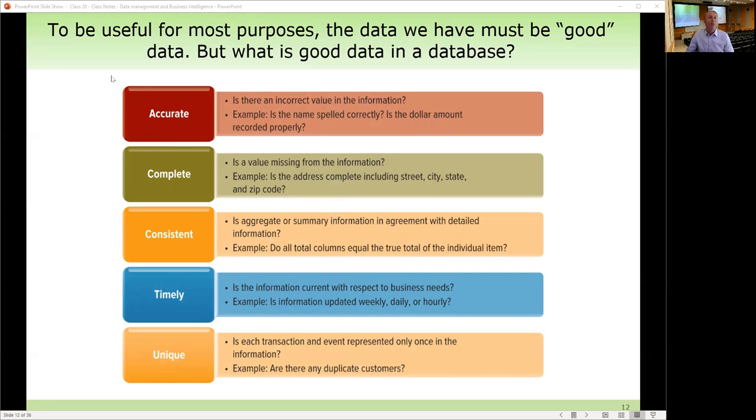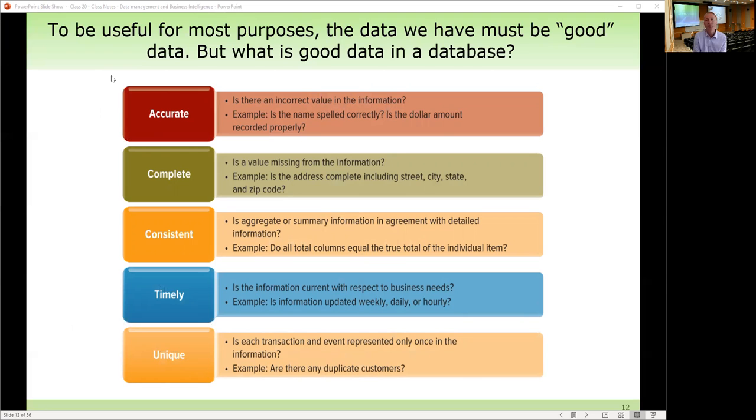Now, one of the important prerequisites for making decisions based on data is that the data we have is good and not faulty or dirty. When we talk about good data, we define it in terms of 5 dimensions.